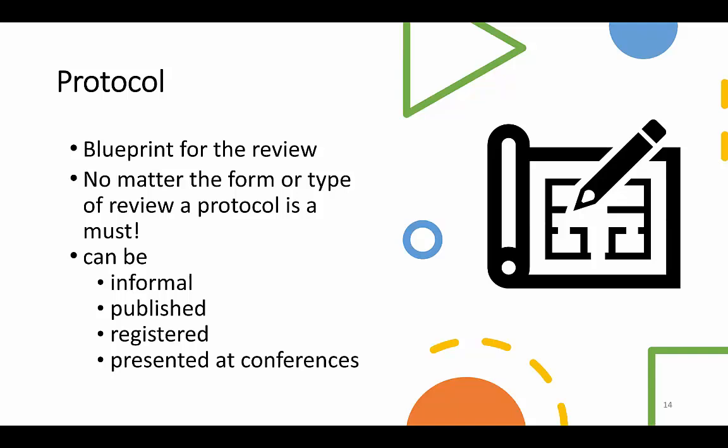Of course, the protocol is a blueprint. No matter what type of review you're working on, or if you're going to have it published, I would still have my team figure out their protocol before I go and develop the whole search.